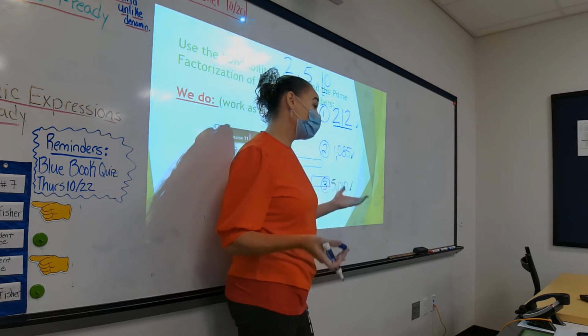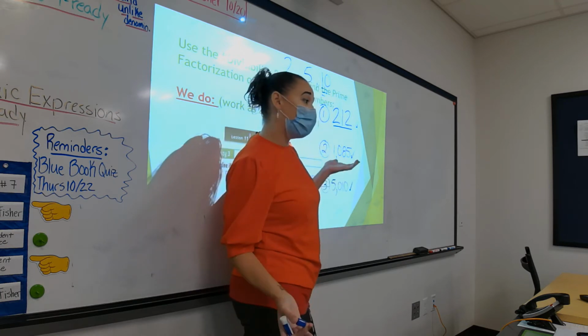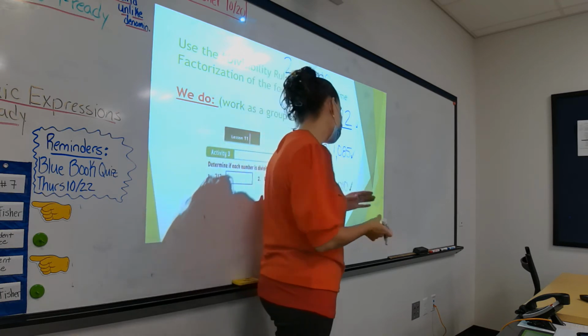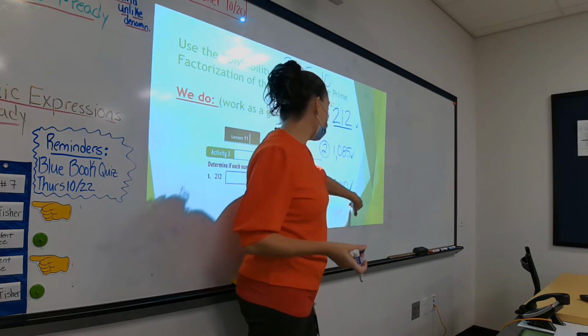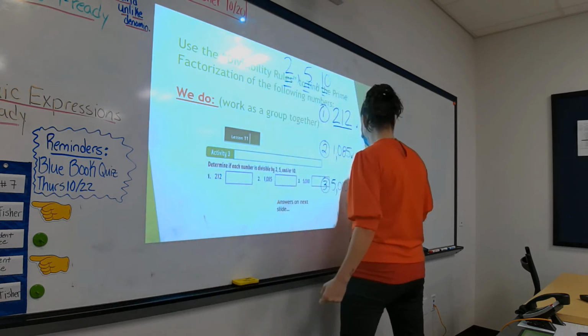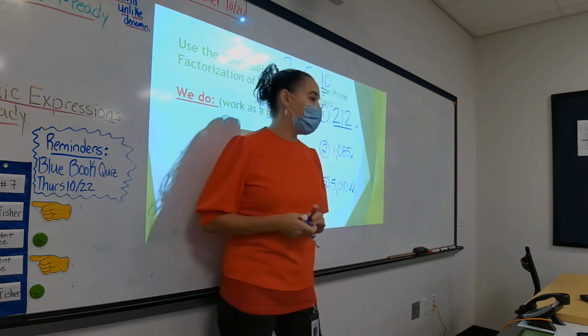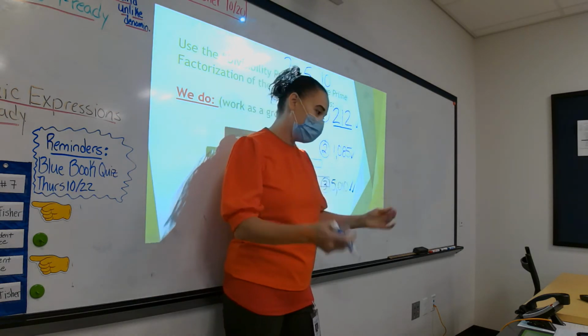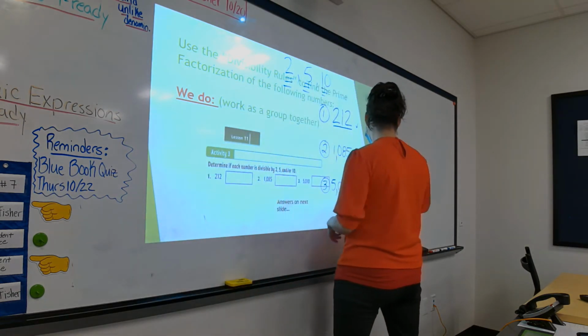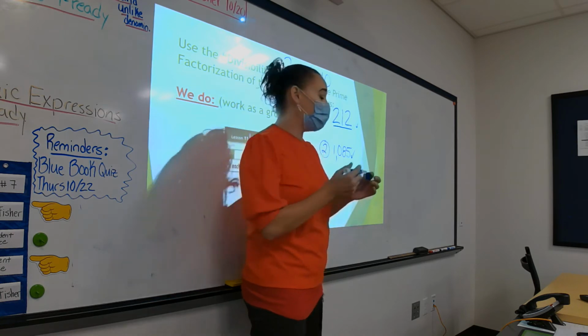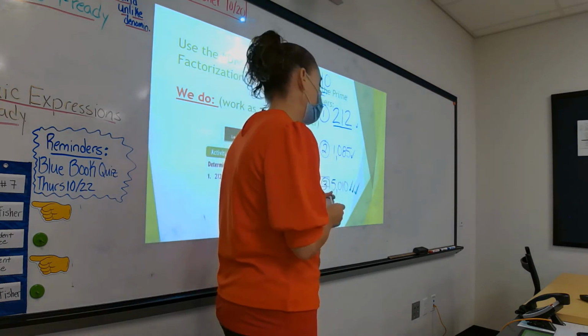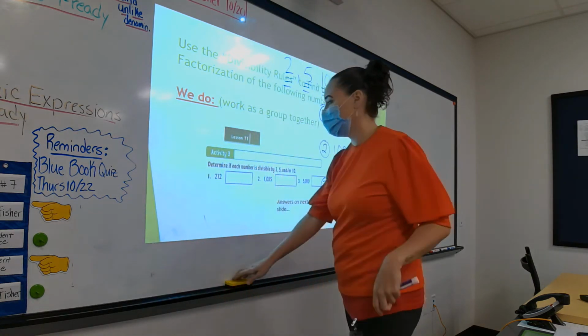What's the rule for divisible by 5? Yes. It's divisible by 5 if it ends in a 0 or a 5. Is it divisible by 10? Yes. It ends in a 0. It's divisible by 10. So that's the only one that's divisible by all 3. Okay?